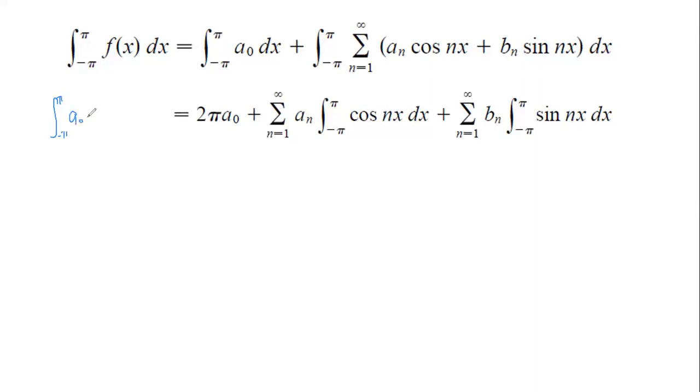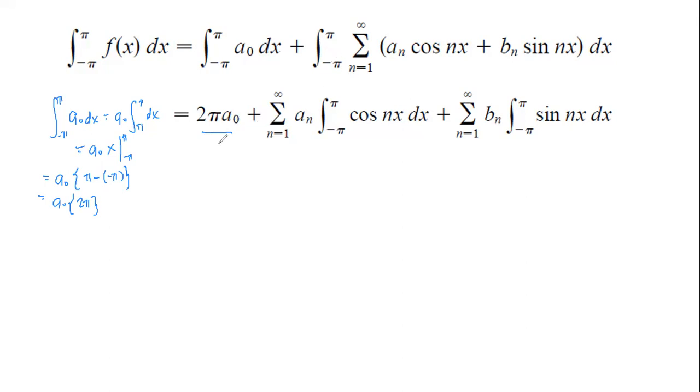So a sub naught here is a constant, so we can factor it out. Integral from negative pi to pi of dx. This will give us a sub naught times x evaluated from negative pi to pi. So upper limit minus the lower limit, this will give us pi minus negative pi. If you simplify, negative times negative is positive, so pi plus pi is 2 pi. So this gives us 2 pi times a sub naught.